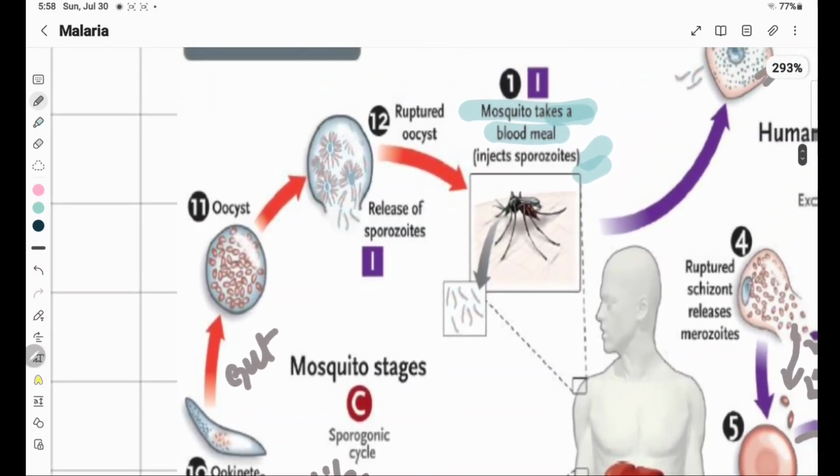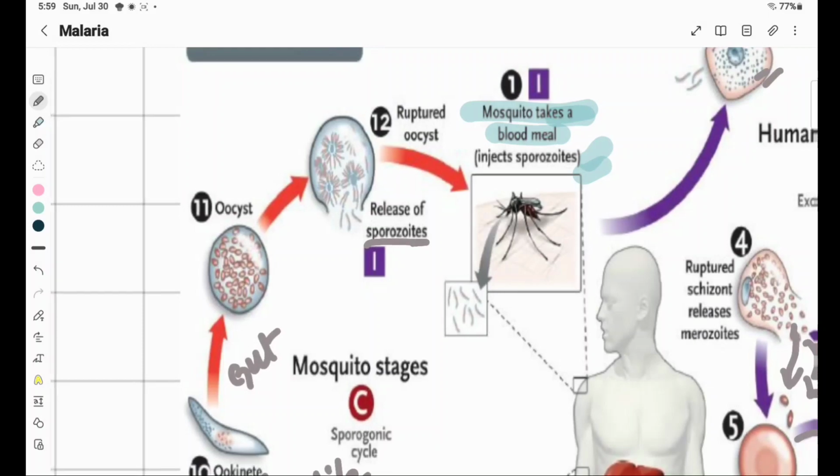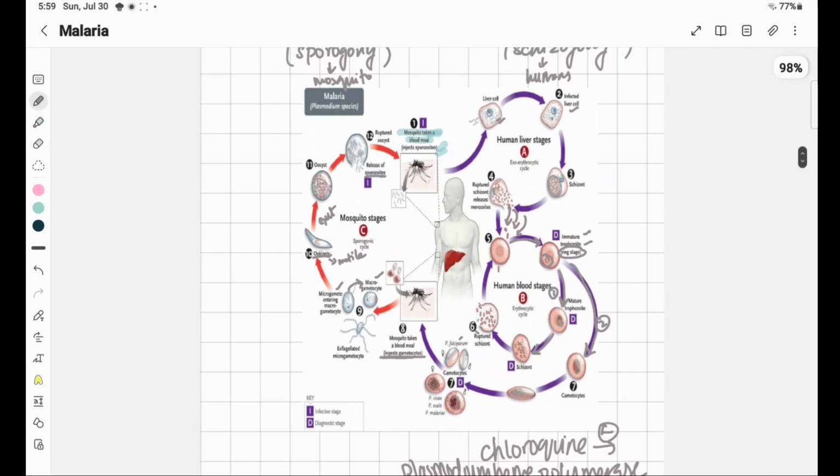And then this oocyst is going to rupture and release sporozoites. And then the cycle continues. Now you know how sporozoites are formed. So sporozoites are basically the spores that are going to form more and more plasmodia. That is the life cycle of malaria. Sorry, the Plasmodium.